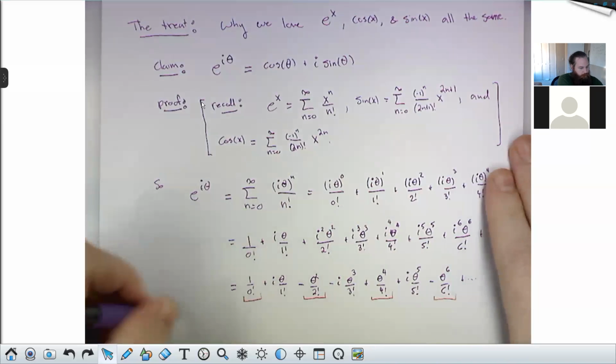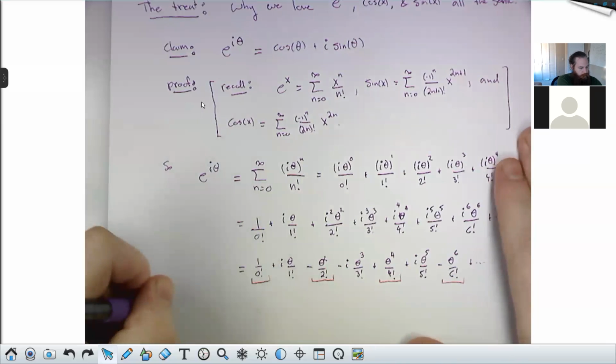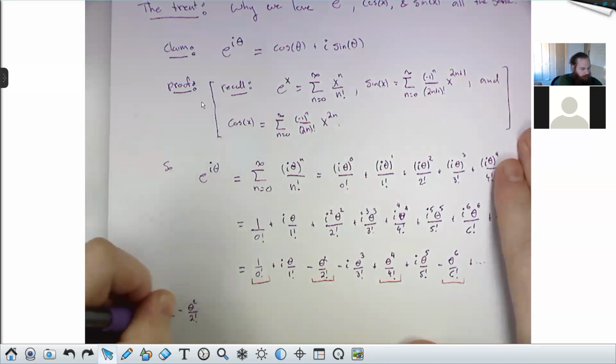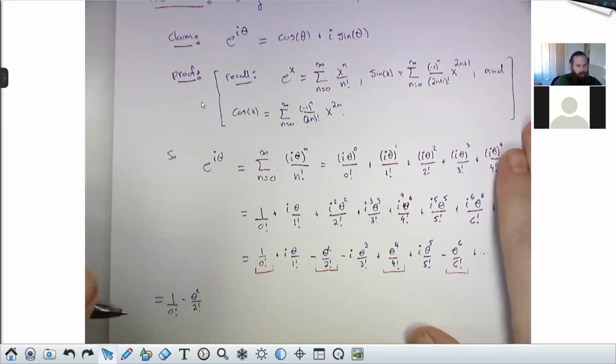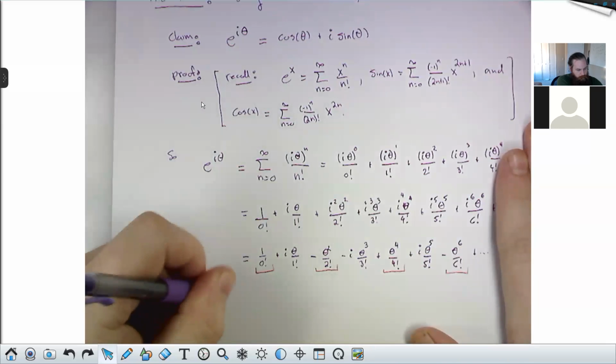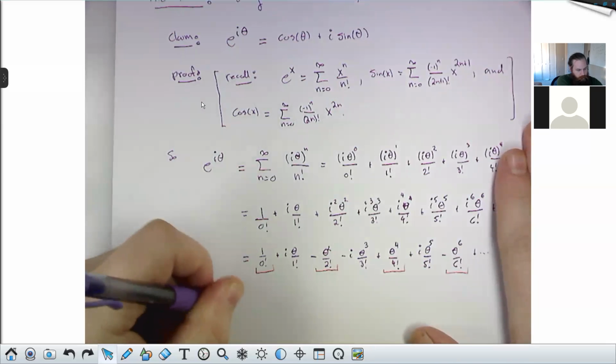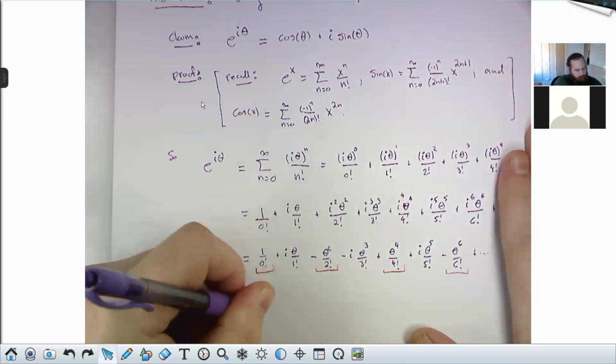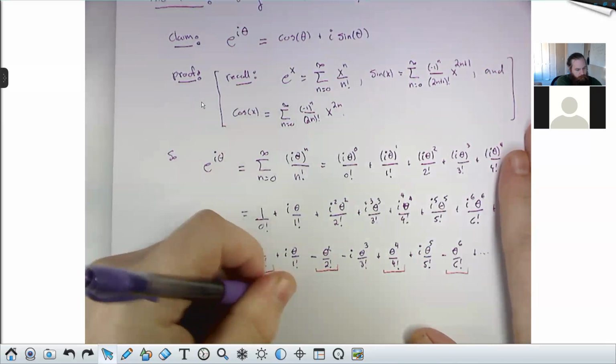I'm going to give myself some more space, I'll continue over here. That's 1 over 0 factorial minus theta squared over 2 factorial plus theta to the 4 over 4 factorial minus theta to the 6 over 6 factorial, and so on.